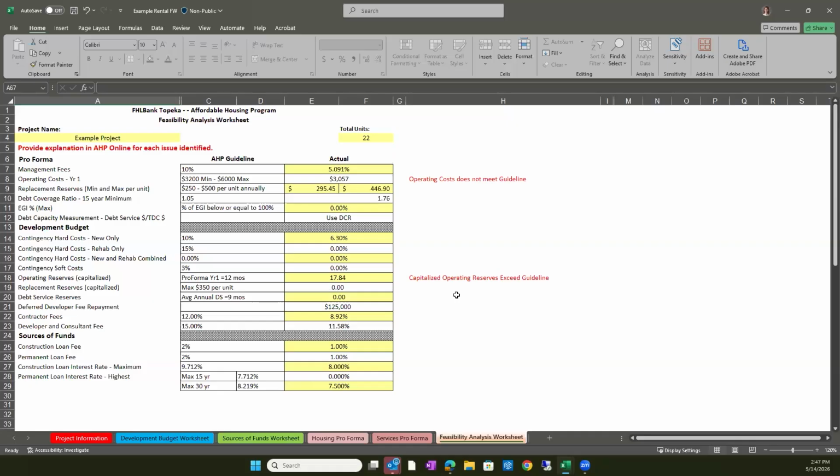Page 51 of our application user guide shows you some screenshots of what that screen looks like within the application itself so that you can get an idea before you even get to that point, if you'd like, of how you would be entering those explanations. So just make sure that if anything is outside of guidelines, you have an explanation regarding that, or you've asked us questions if you're not sure what to do with it. We're happy to help where we can.